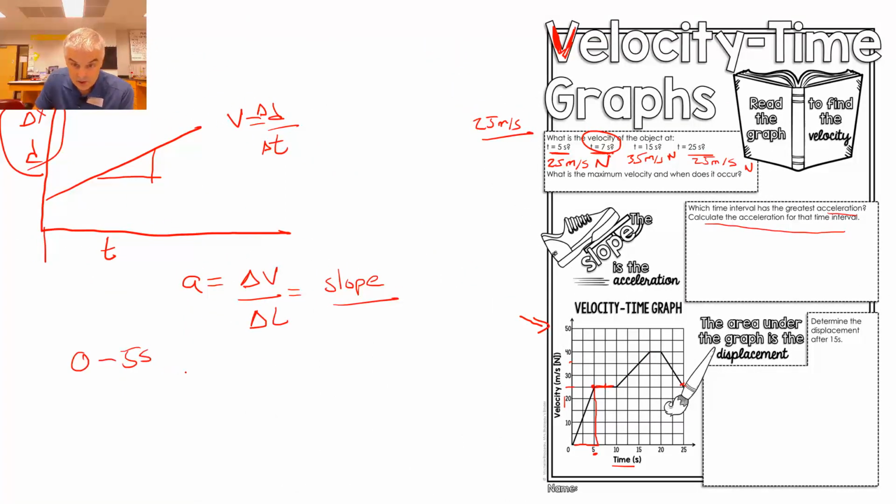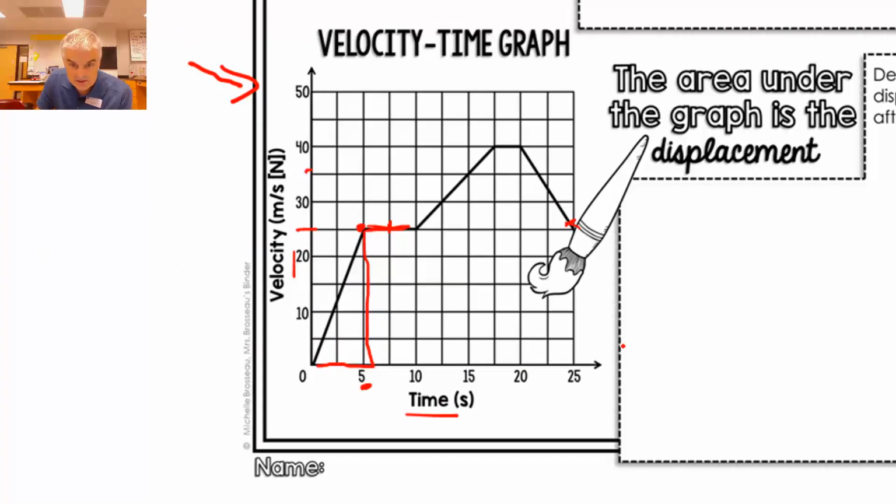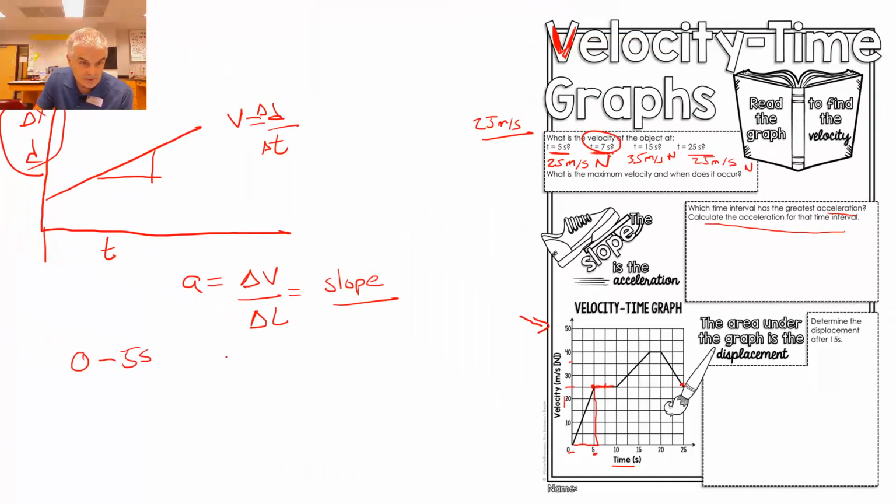So if I want to find the slope of that line, which is the rise over the run, so the change in the velocities, he went from 0 to 25. So 25 minus 0, that's v final minus v initial, divided by delta t.